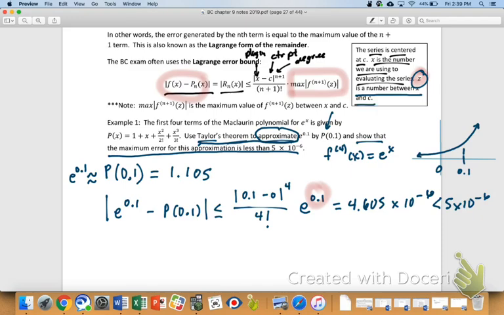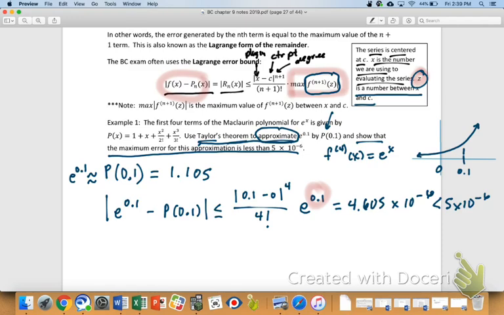And this notation right here means the n plus 1, so in our case, the fourth derivative evaluated at c, or evaluated at z. And z is the x-coordinate for wherever you think the biggest value of that n plus 1th derivative happens.